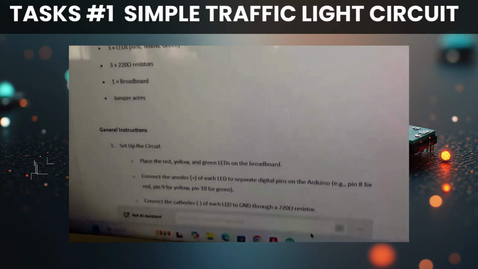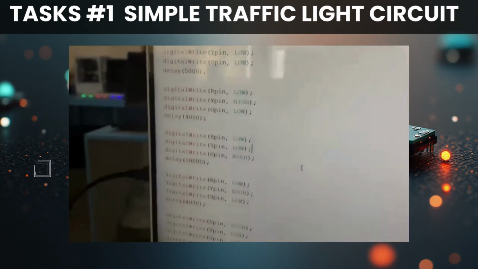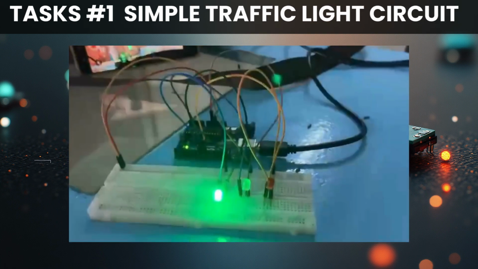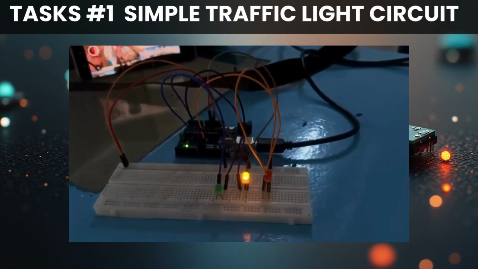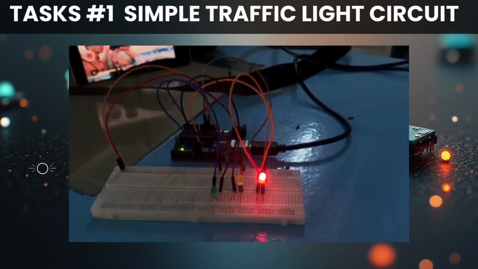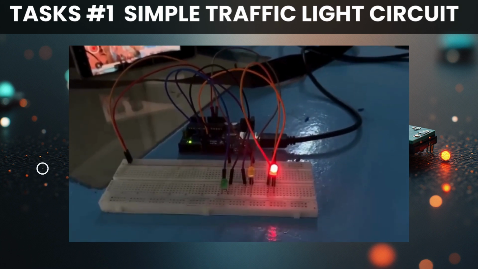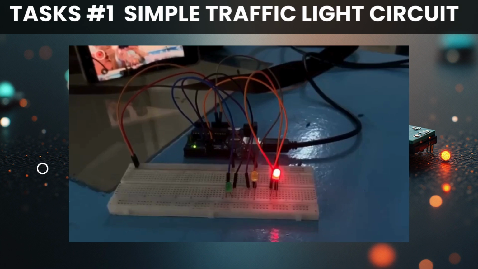Hello. So at this part of the video, we will be showing you the 2 tasks that we've chosen. The first one being the simple traffic light circuit, and the second one is the 9 to 0 countdown with a blinking 0 at the end using the 7-segment display. After both of the clips are played, there's going to be a circuit diagram from tinkercad.com and a flowchart from app.diagram.net, I think.